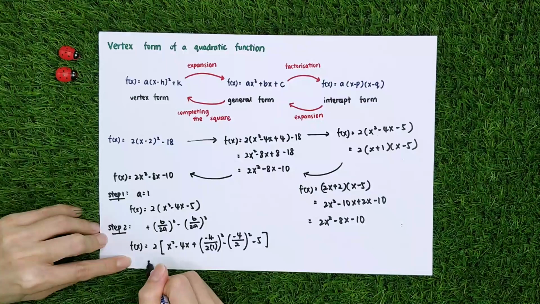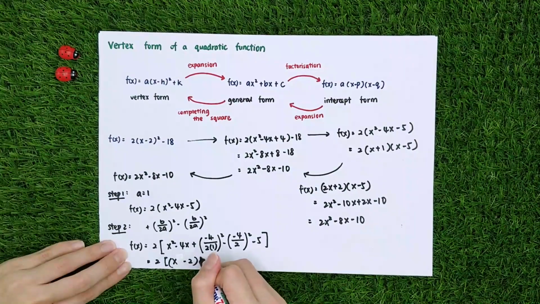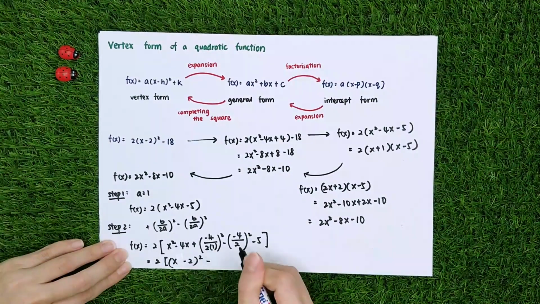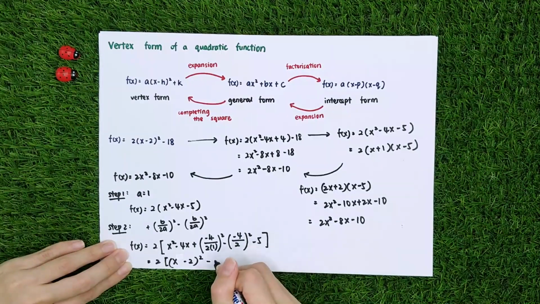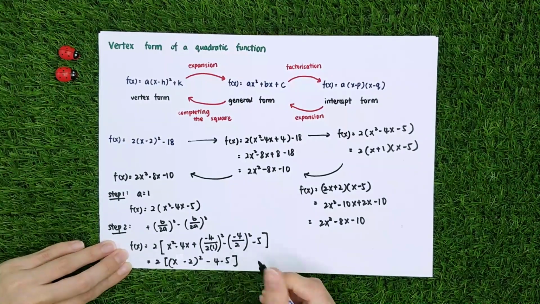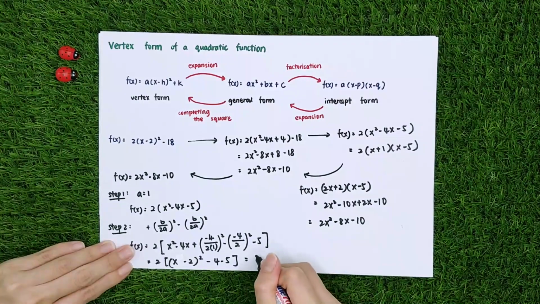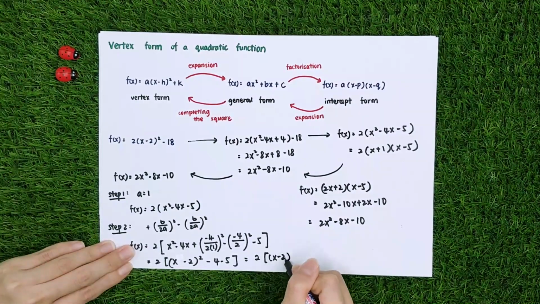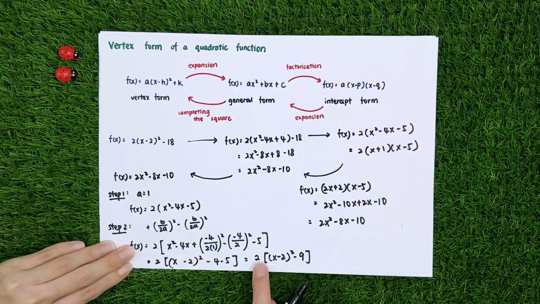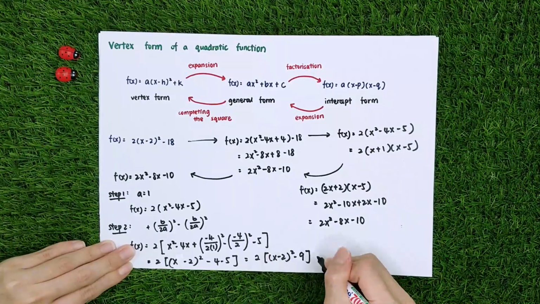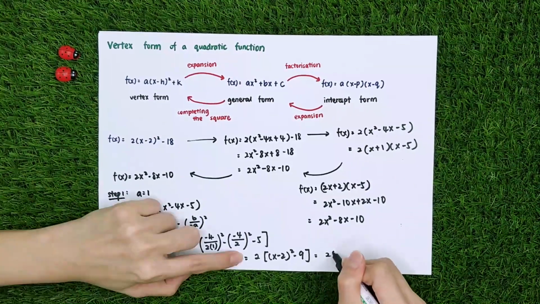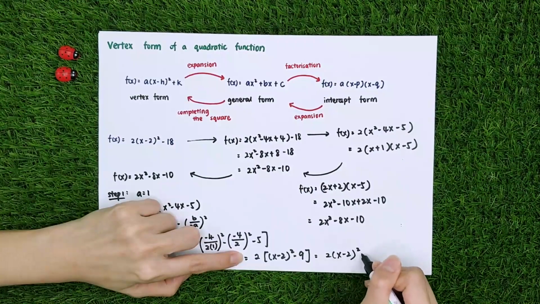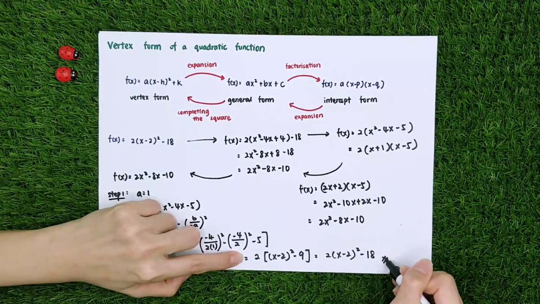Okay, then I will simplify it to become (x minus 2) squared, and then minus 4 over 2, I will get minus 2 and then squared I will get 4, minus 5. Then I will get my final answer as 2(x minus 2) squared minus 9. Then I can times the 2 inside. I will get my final answer as 2(x minus 2) squared minus 18.